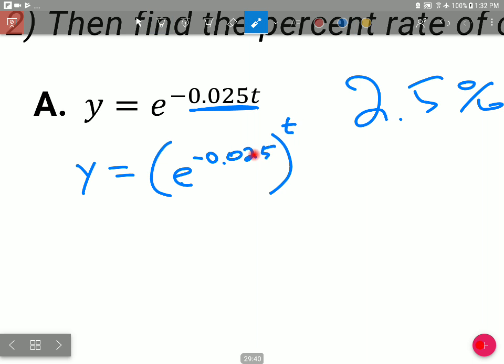If I put those back together, I'd go back to this. From here, let's crunch those numbers in the middle. e to the negative 0.025 comes out to be what? Somebody take it in your calculator. 0.9 something.